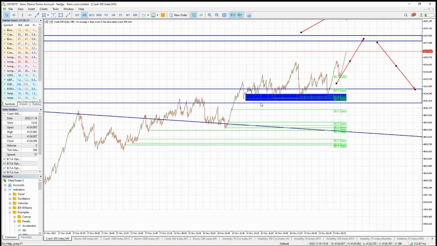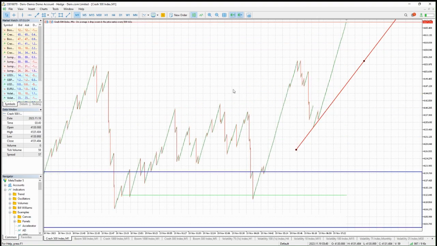And it was drawn probably right here, and it's going on and on and on. So whenever price was retracing, it was giving you opportunities to enter into a buy trade, and probably giving fake sells to people that are trying to sell. If you don't have this indicator, you probably think at this point you are selling, but it just came and bounced at this blue zone and went all the way up.